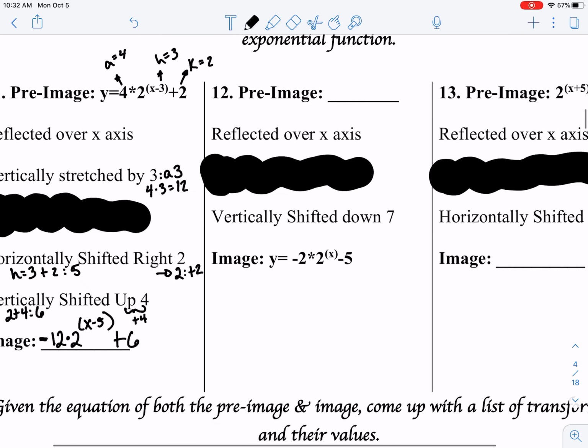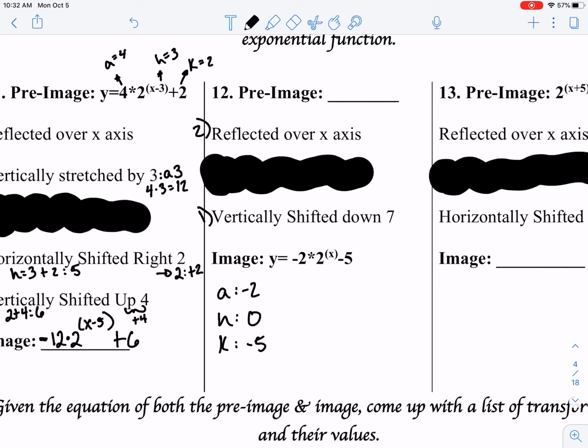The next one I'm going to do, we're given the image and we want to find the pre-image. Again, shifts, then reflections, then stretches. And this one isn't a whole lot. So again, identify A, H, and K. A is negative 2, H is 0, K is negative 5.